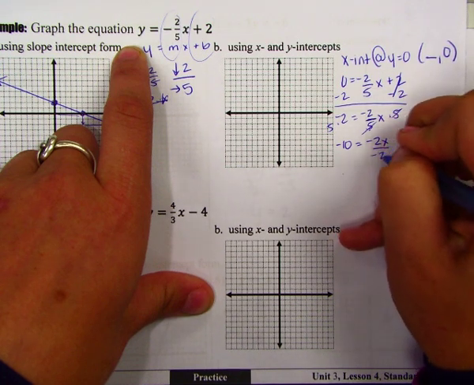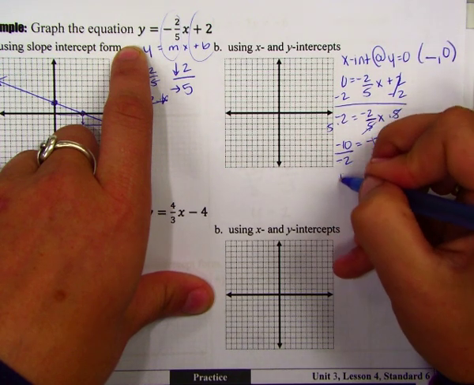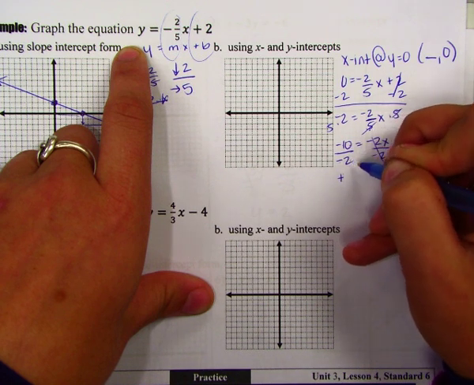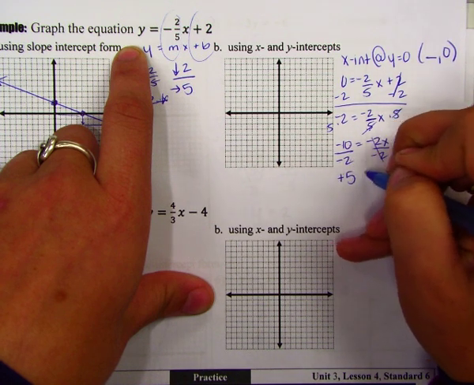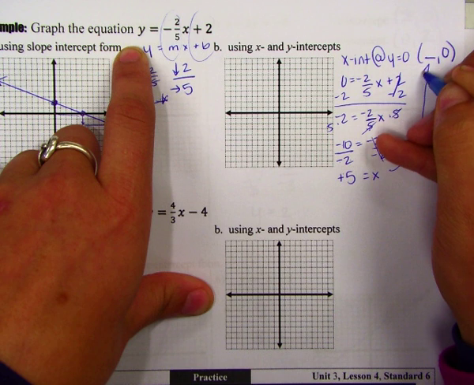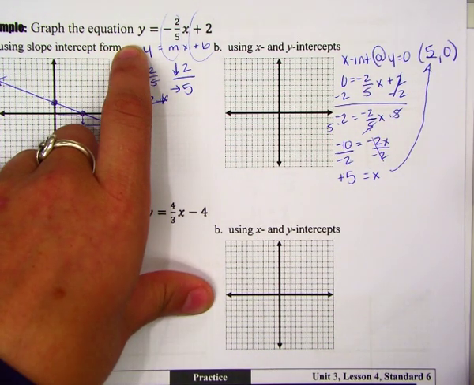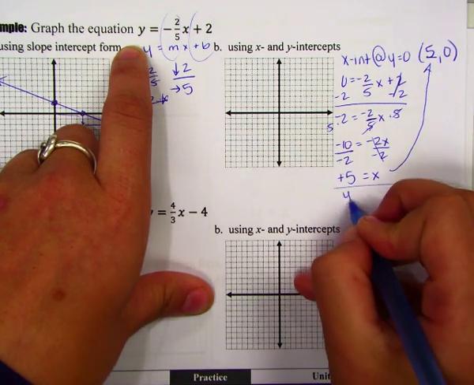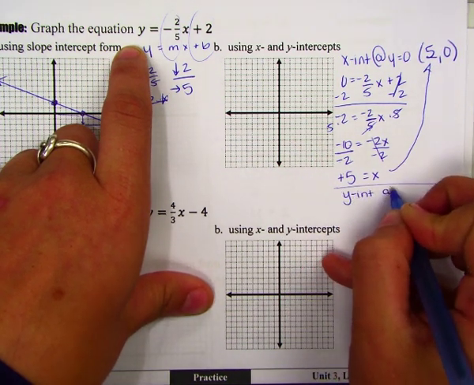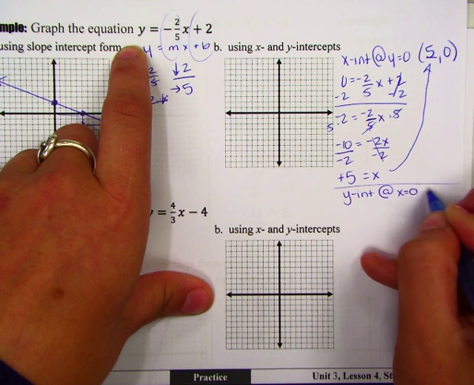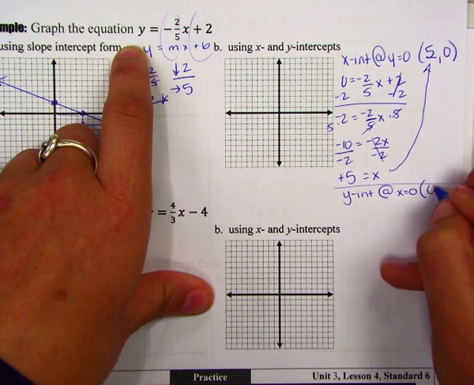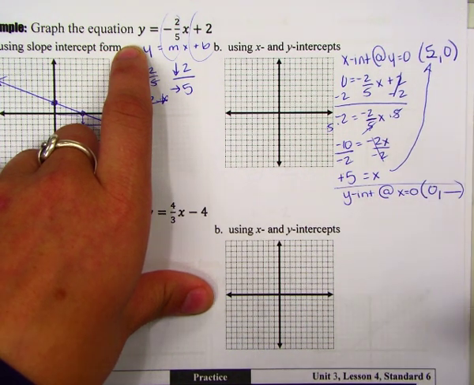Divide both sides by negative 2. Negative divided by negative is a positive. 10 divided by 2 is 5. So my x-intercept is 5, 0. My y-intercept, that happens at x equals 0, because every y-intercept is in the form 0, comma something.